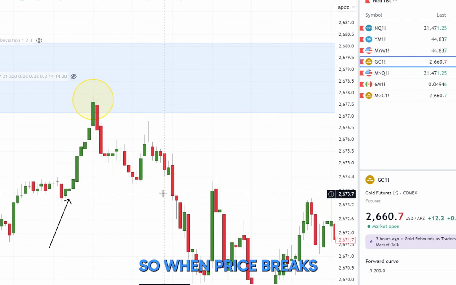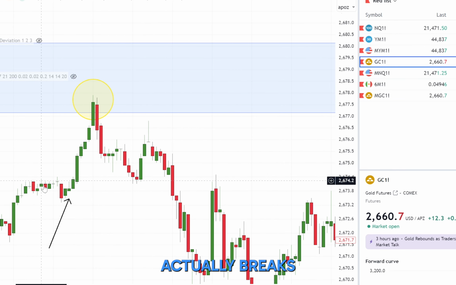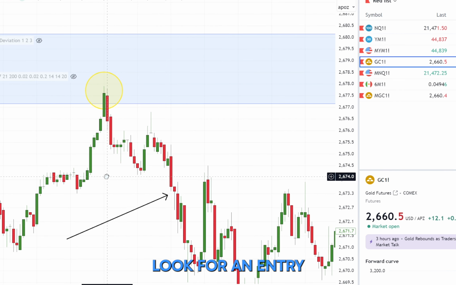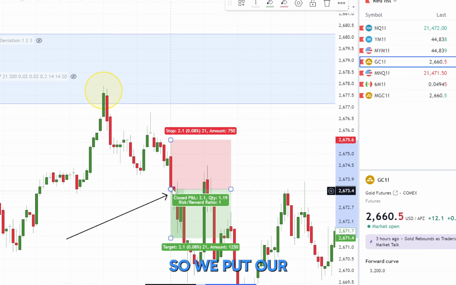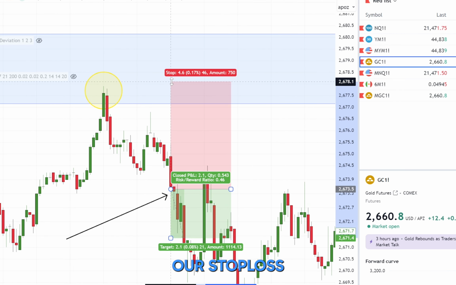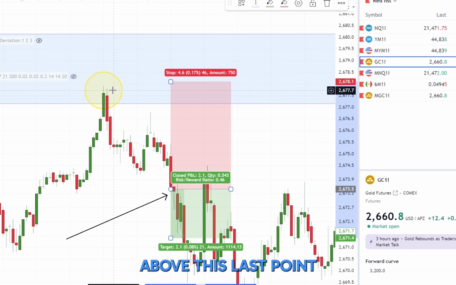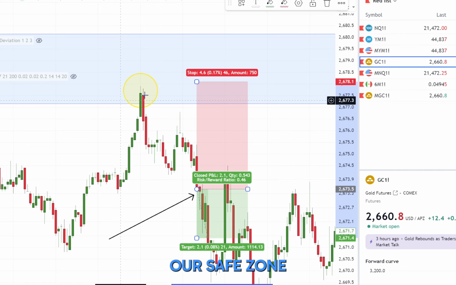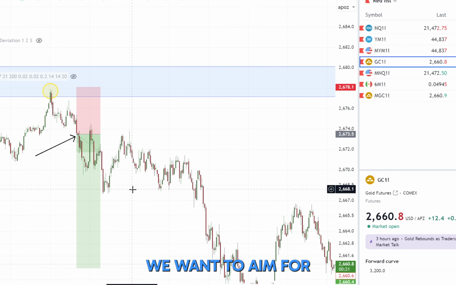So when price breaks below this leg, and it actually breaks below right here, that is when we can look for an entry. So we get in right there. Our stop loss goes right above this last point right here, because that is our safe zone, and then we aim for whatever we want to aim for.